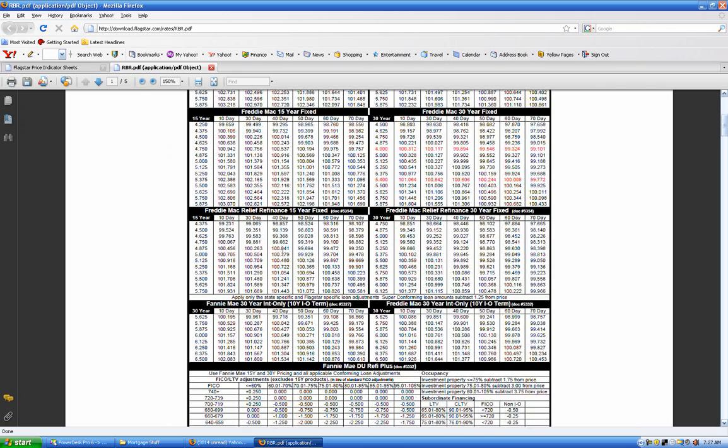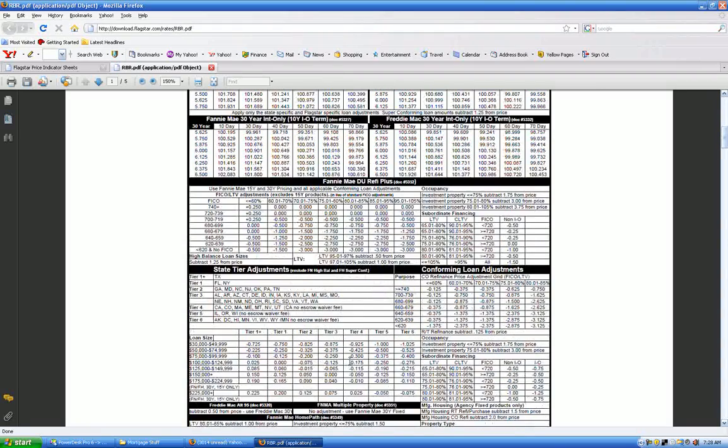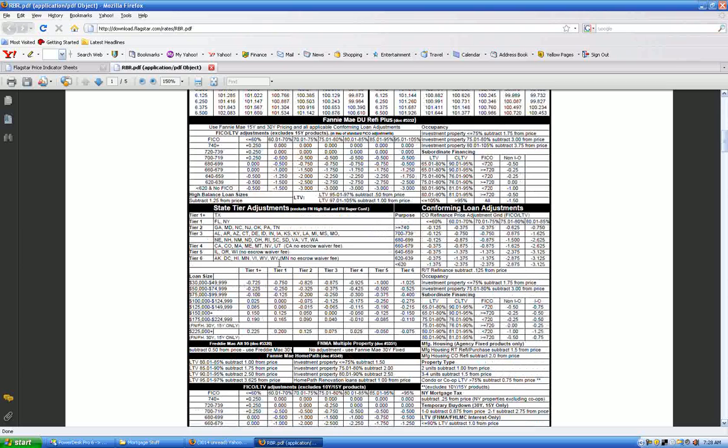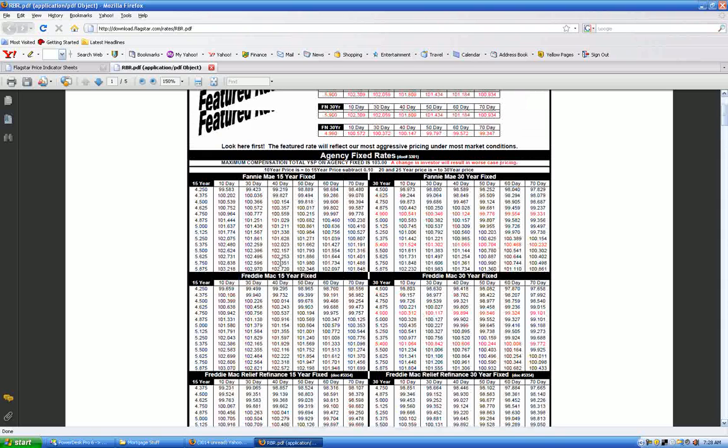Scroll down a little more, they have the relief finance and really a lot of specialty programs, Fannie Mae DU Refi Plus, which allows you to go up to 105%. Okay, state tiers and adjustments, and so on. So generally in a rate sheet you'll see a lot of different programs, but how to read it is pretty much the same. So let's start off with the classic 30-year fix, which everyone is accustomed to.